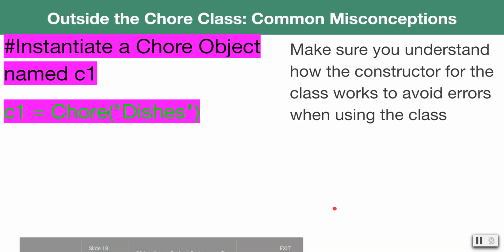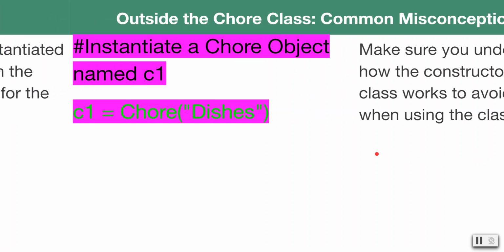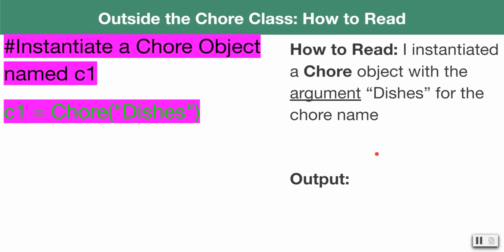All right, common misconceptions. Make sure you understand how the constructor for the class works to avoid errors when using the class. Here we are using our chore constructor with our argument dishes. That's going to be for the parameter name inside of our constructor. So when I'm reading this, I instantiated a chore object with the argument dishes for the chore name.